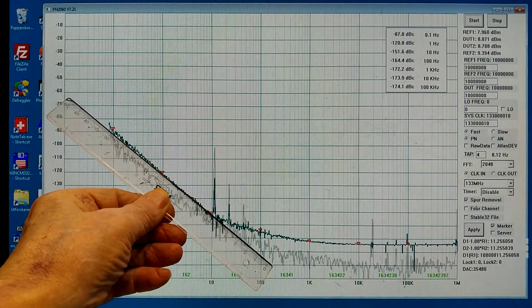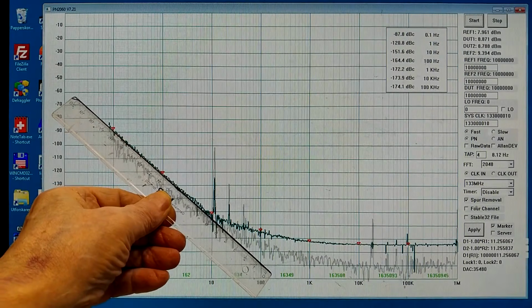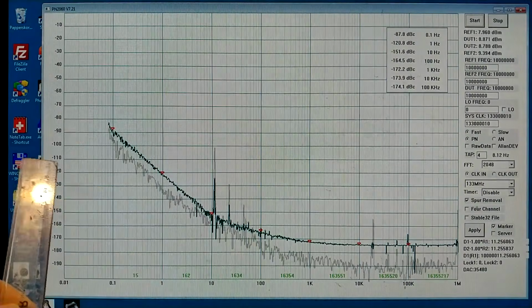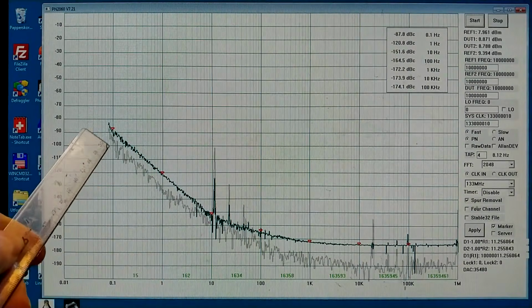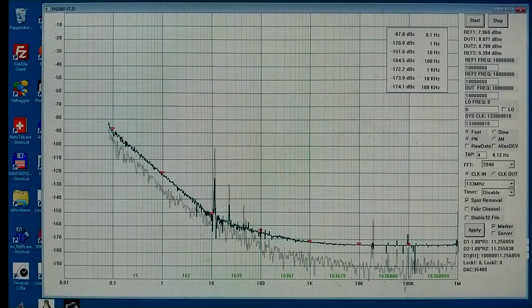So it goes a little bit steeper here at 0.1 up to 1 Hertz. But maybe it will go down if I would wait long enough. Anyway, I will do some different experiments, changing those things that I can change and see if it makes any difference.